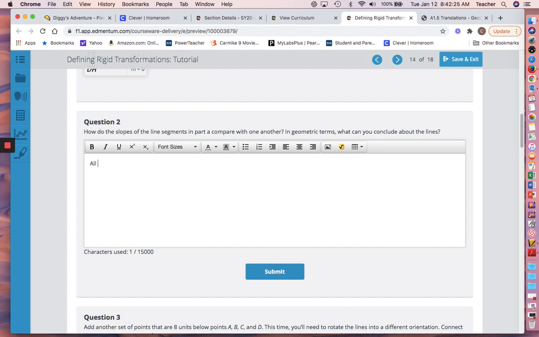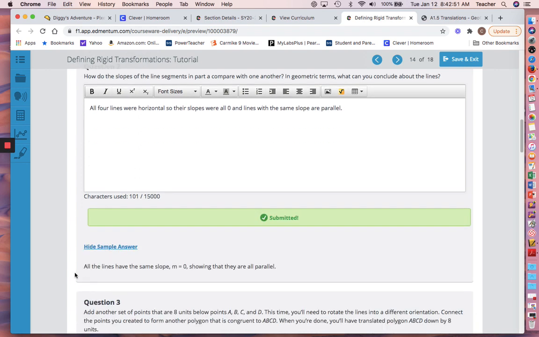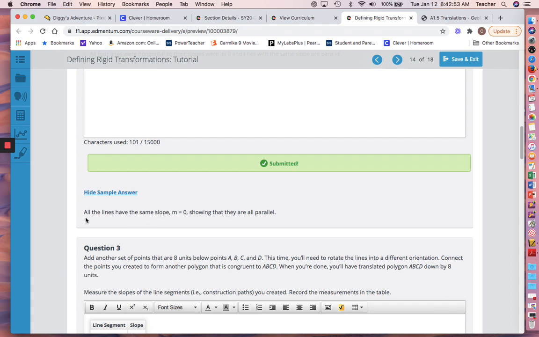So all 4 lines were horizontal, so their slopes were all 0. And lines with the same slope are parallel. Oh, hey, there you go.